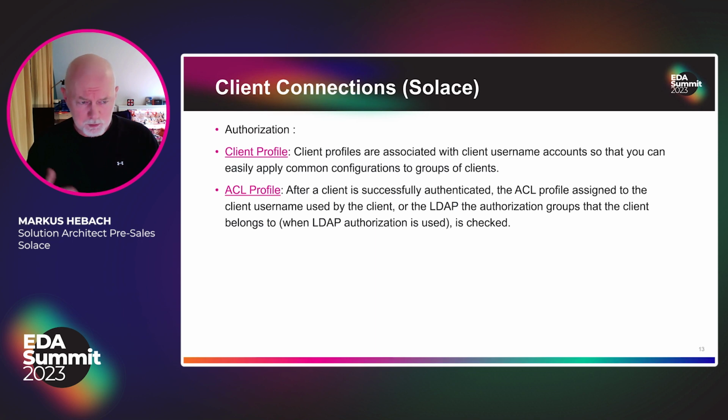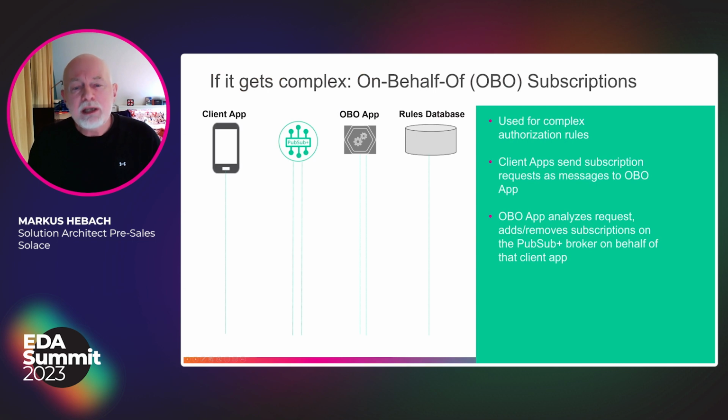The combination of both elements is used for complete authorization then. So that is an important part. If it gets really complex, we have even an additional way of finding out what rights a client has.